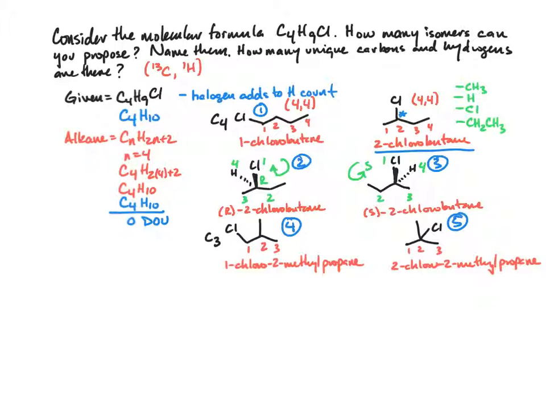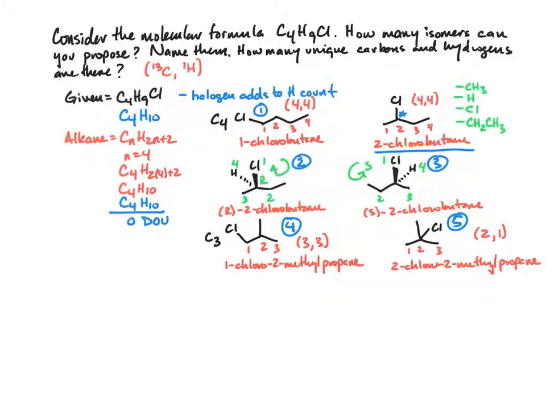For 1-chloro-2-methylpropane, we are now going to have 3 unique types of carbon and 3 unique types of hydrogen. For 2-chloro-2-methylpropane, we have 2 unique carbons and only 1 type of proton.